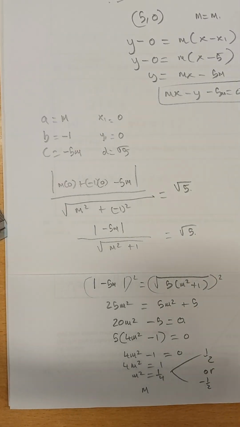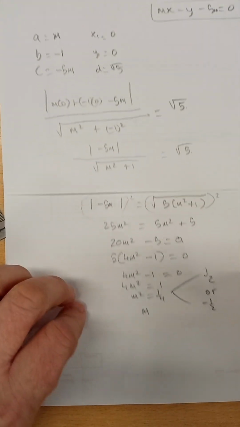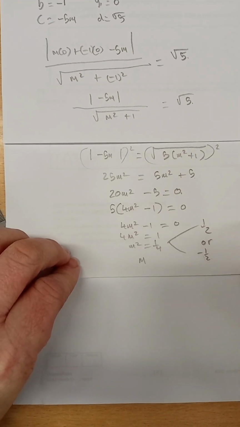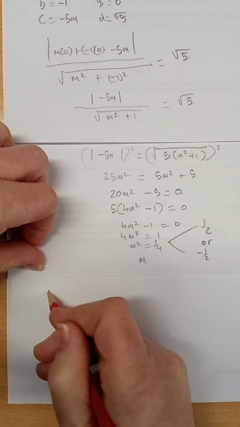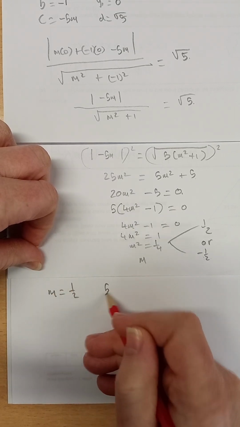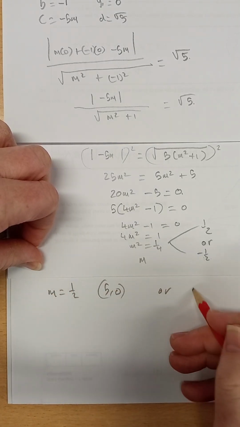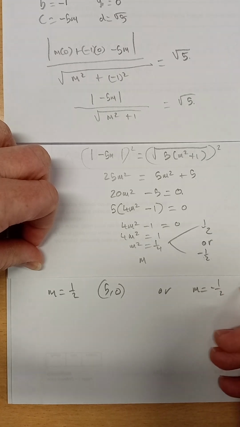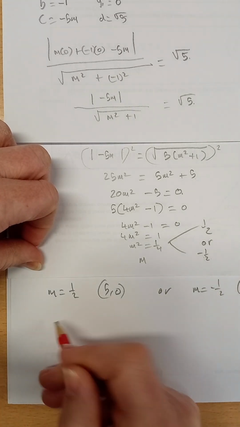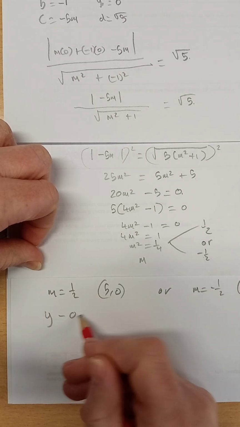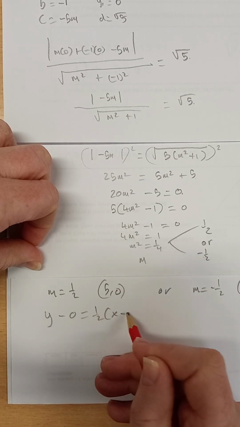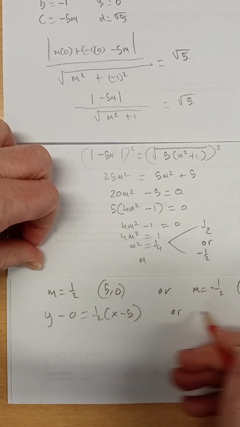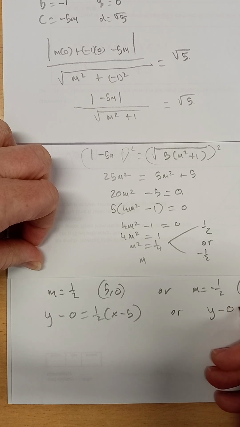So now I have to create my two equations. If m is equal to a half, and I'm using 5 and 0, or m is equal to minus a half, and I'm using 5 and 0. So y minus y1 is equal to m times x minus x1.